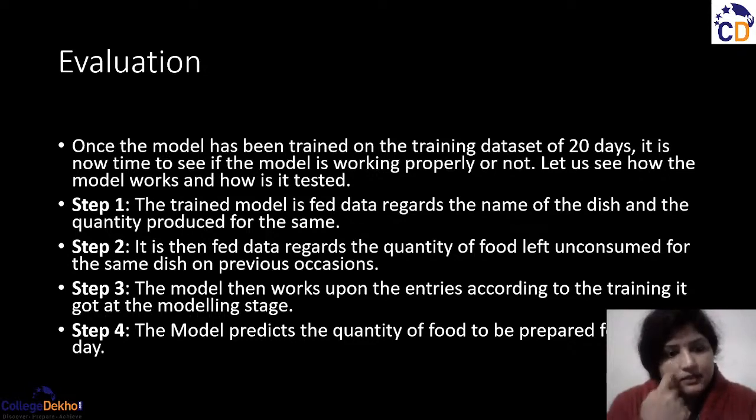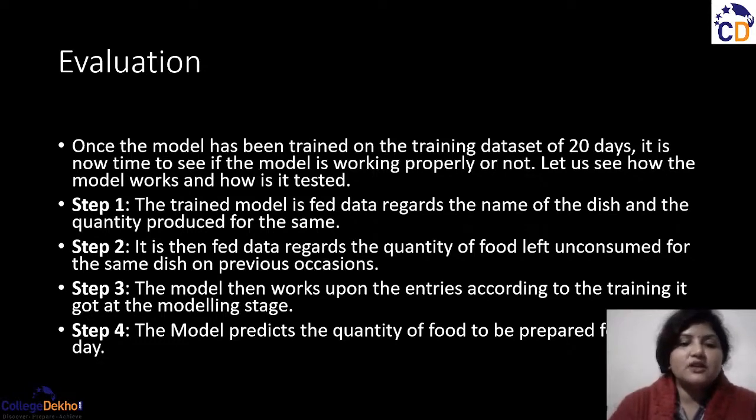The second step is it is then fed data regarding the quantity of food left unconsumed for the same dish on previous occasions. So now it is going to check earlier with the same dish how much food was left. Then step 3, the model then works upon the entries according to the training it got at the modeling stage.